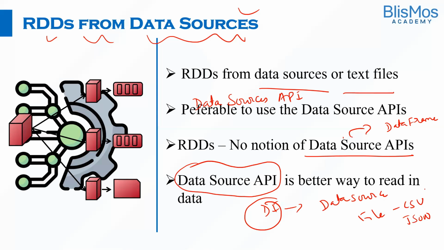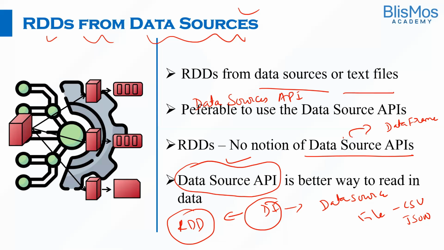Whenever you want to create an RDD, first create the data frame by reading that file using a data source API. That means we are suggesting first create the data frame by using a data source API, then convert that into RDD by using an RDD method. That is the best way to create an RDD from a data source.